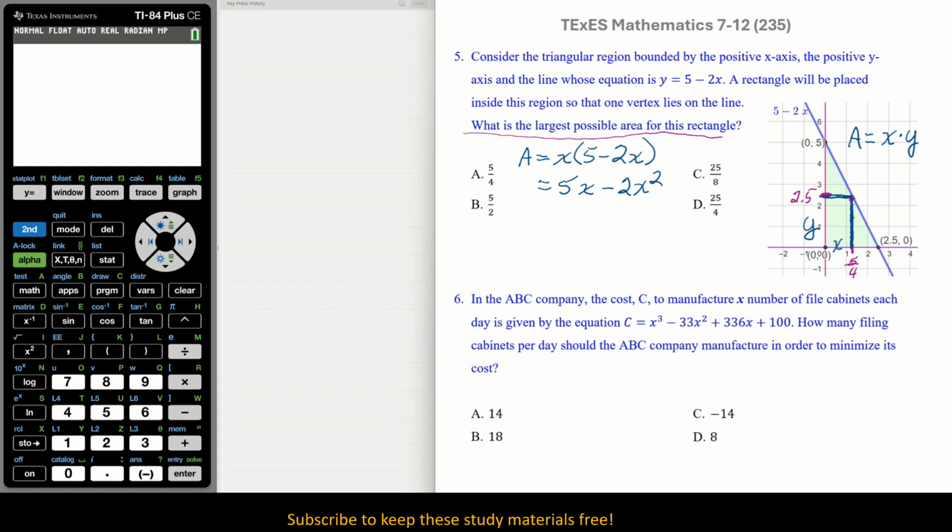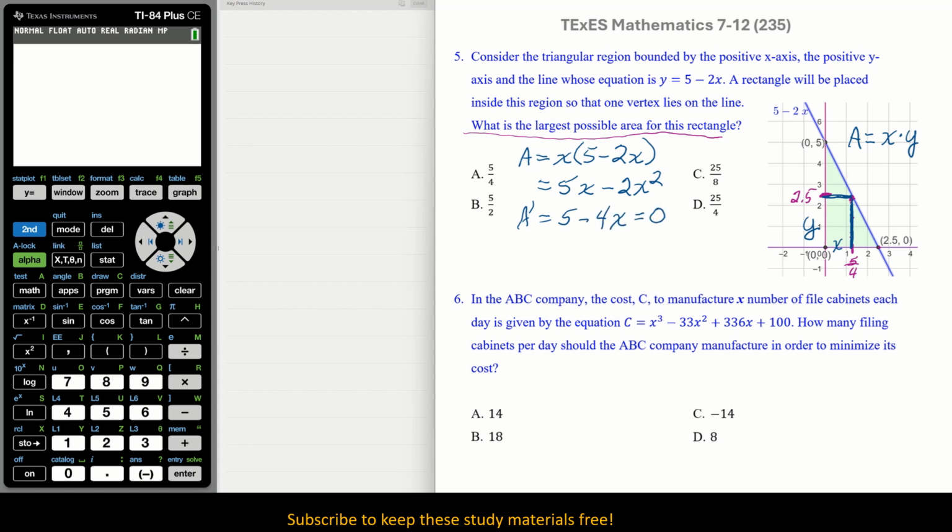Since we have that, that gives us our f of x, or area formula. We take the first derivative of that, set it equal to 0, and solve for that x value. When we have that, then we can find our y value in our calculator. So A prime is 5 minus 4x.